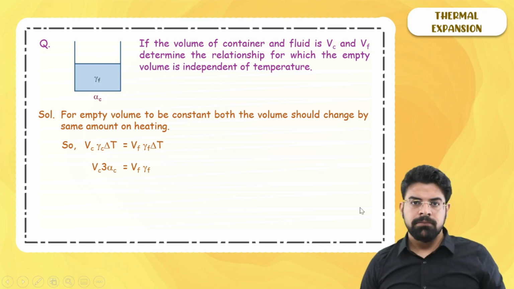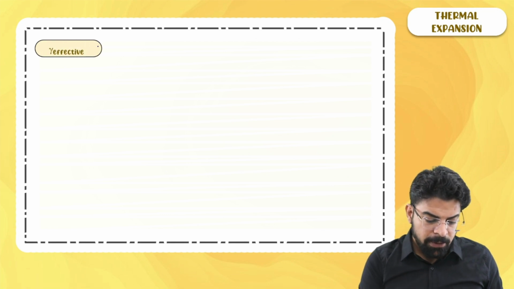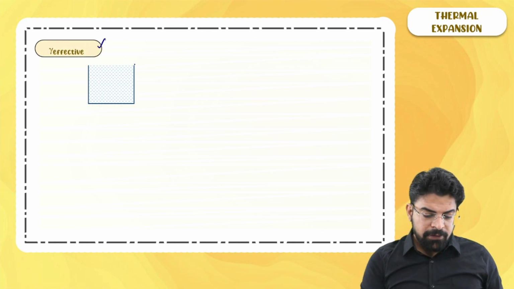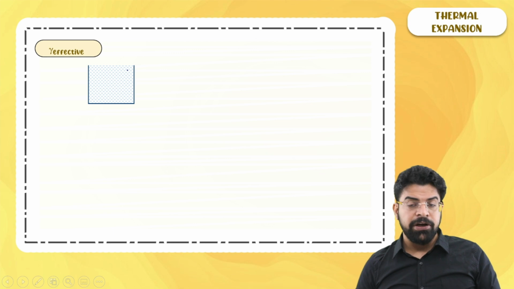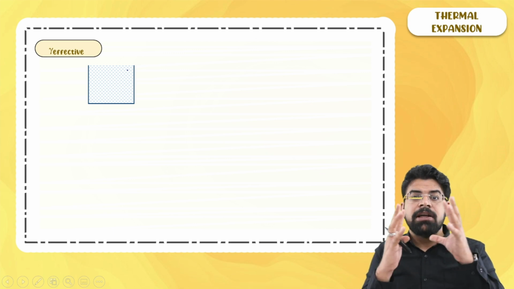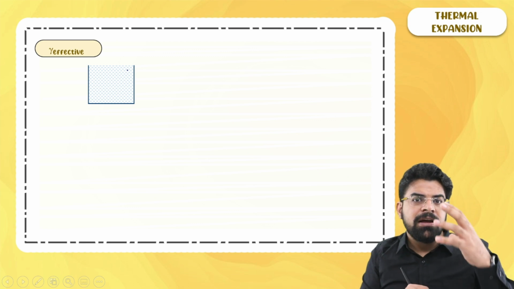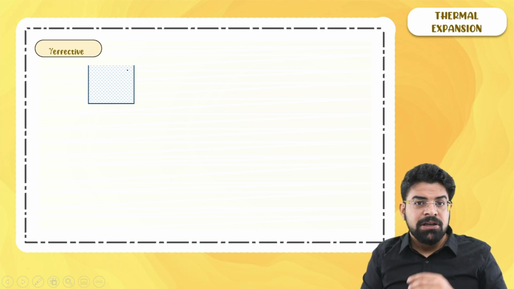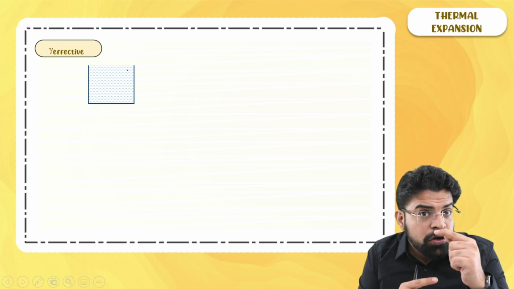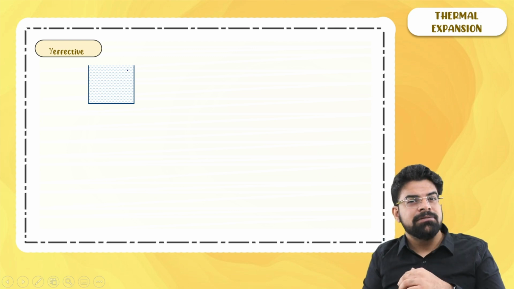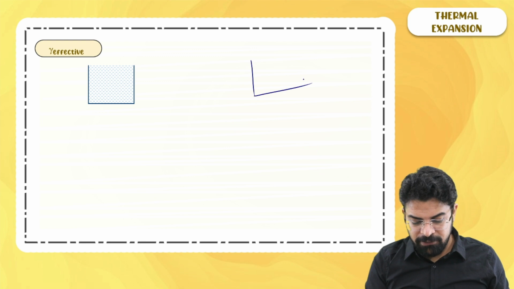Okay, so the next thing, gamma effective. If you have a container filled with a fluid, on heating, both the container as well as the fluid expand. When both expand, the apparent increase in the volume of the fluid appears to be less. Think that you have a beaker filled with fluid.